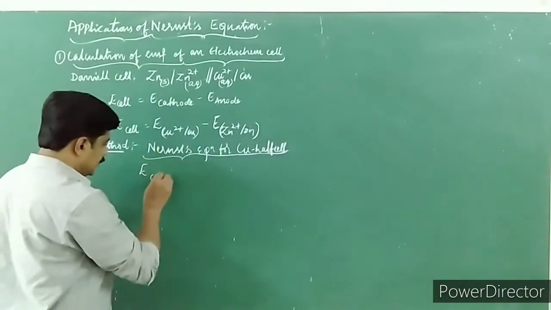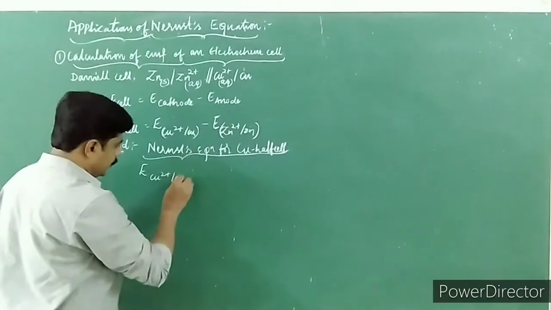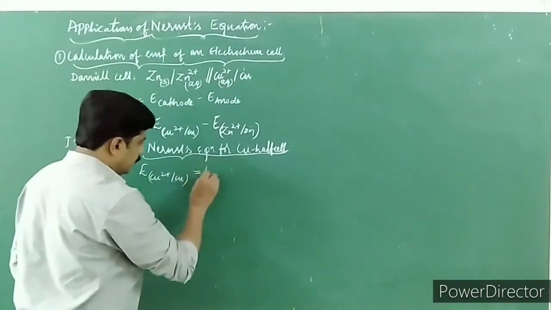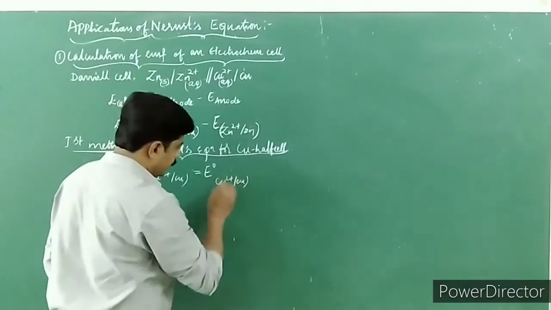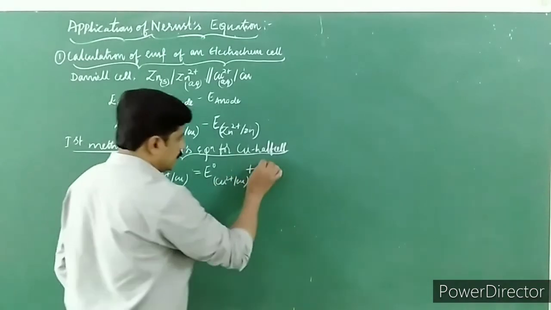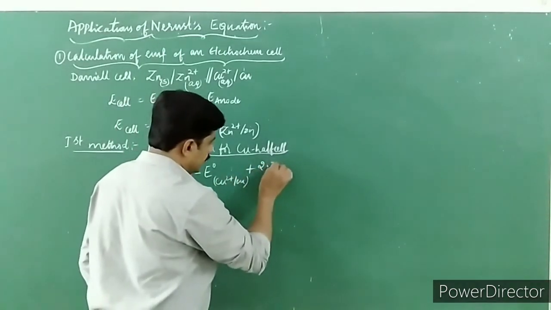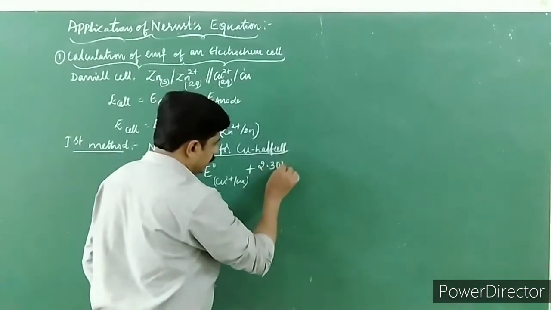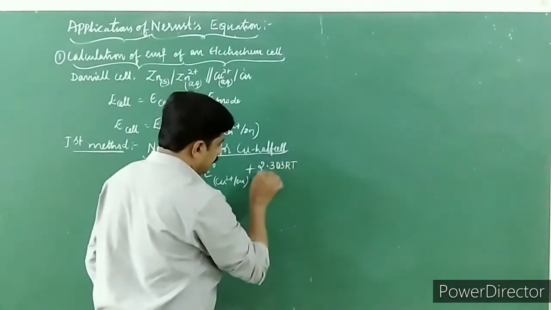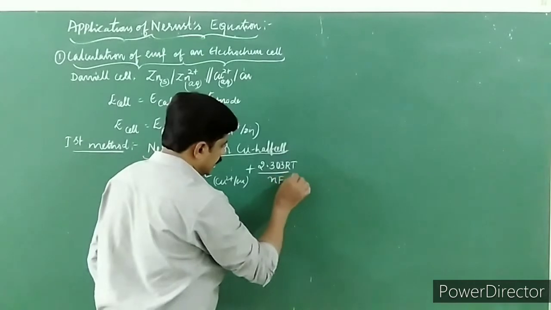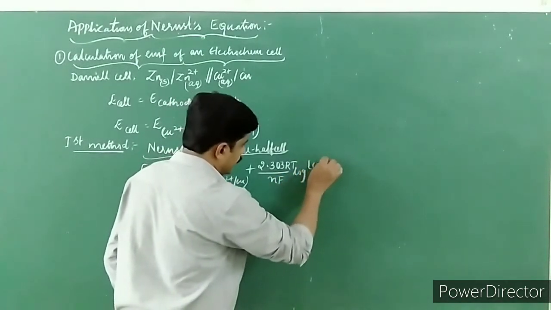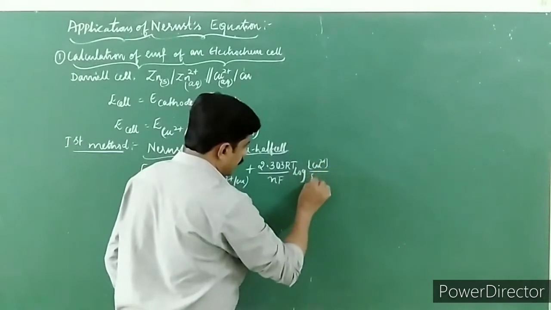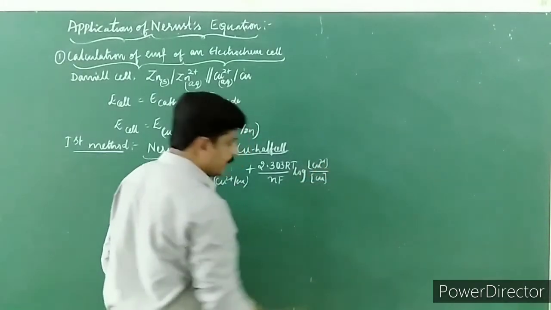E_(Cu2+/Cu) = E°_(Cu2+/Cu) + 2.303 RT/nF into log of concentration of Cu2+ ions upon concentration of Cu.